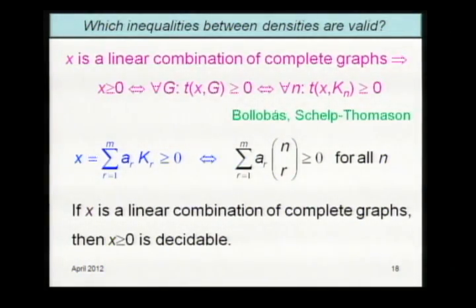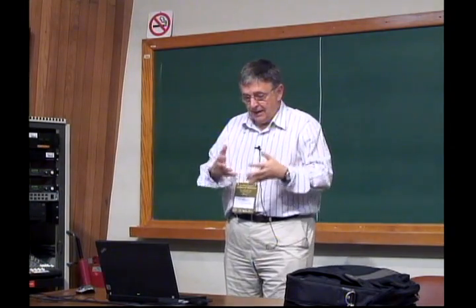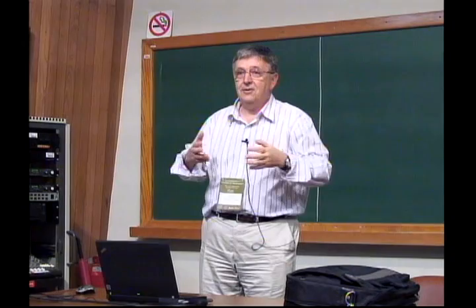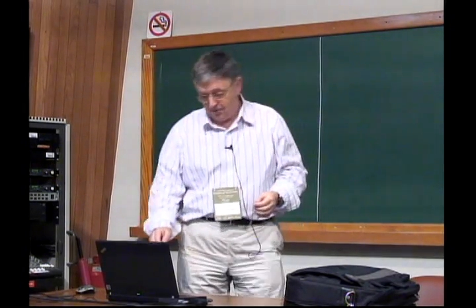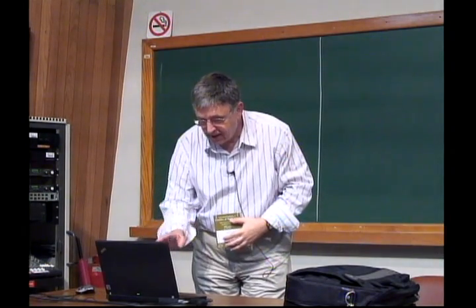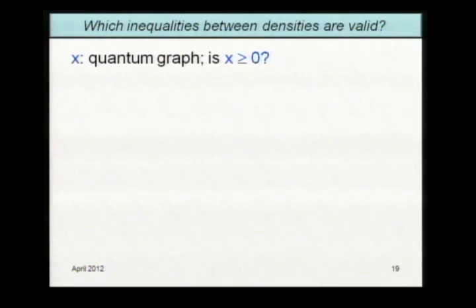So this raises, of course, the question: is it really important that this is a linear combination of complete graph densities, or maybe you can generalize it to other inequalities? A quantum graph is just a formal linear combination of graphs.